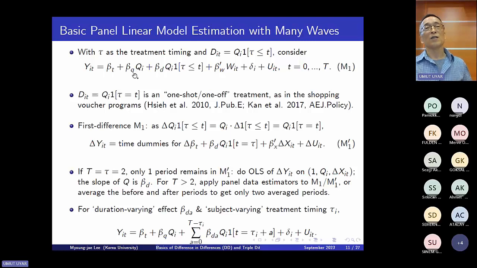And this group effect will drop out because this does not change over time. And this treatment term, if you take the difference, since Q is constant, delta applies to this indicator, and this is equal to this. So this model becomes this first difference model, and you either apply a random effect estimator to this level model or fixed effect estimation to this difference model.